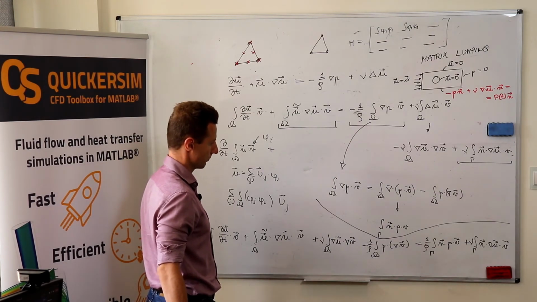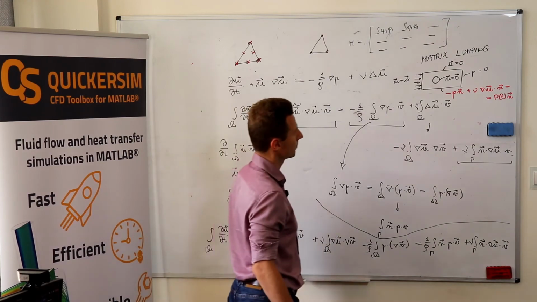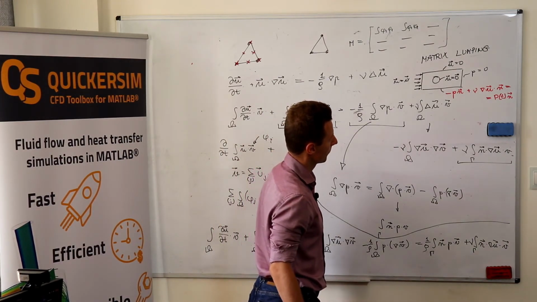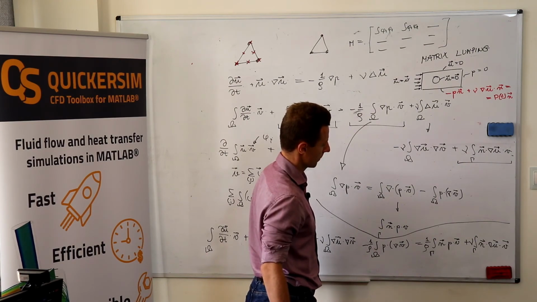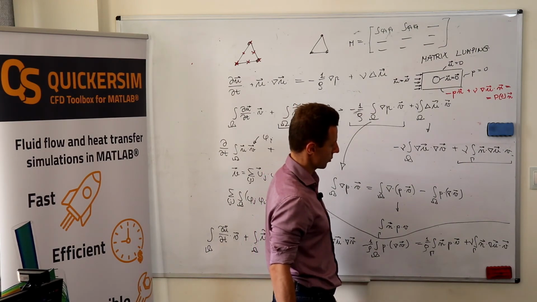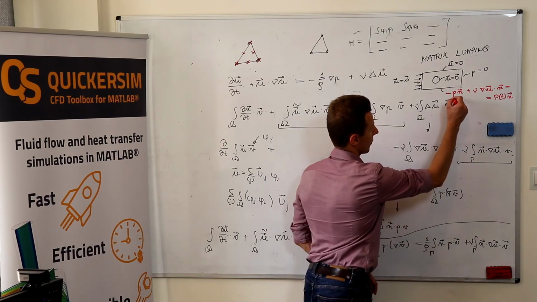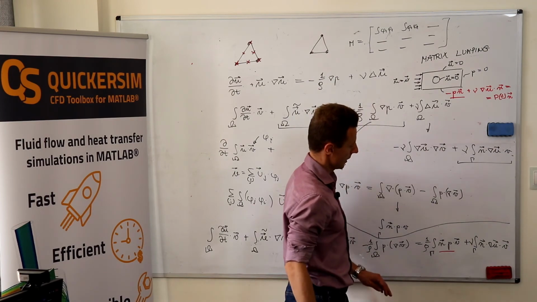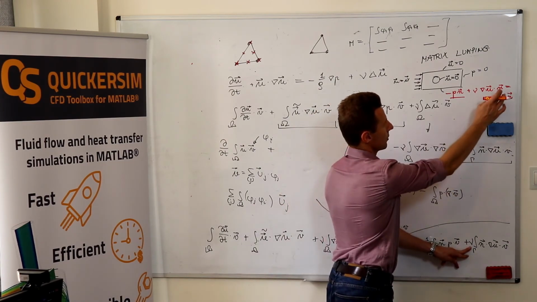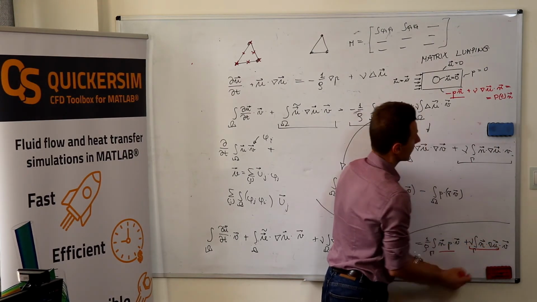I think it must be. Because what should be visible is that we've got p times the unit normal vector here, and we've got this unit normal vector and velocity gradient here.